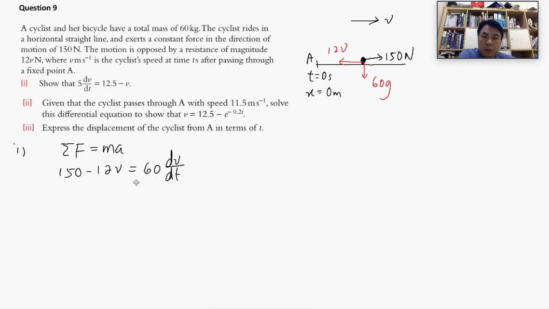From here we divide all the terms by 12.